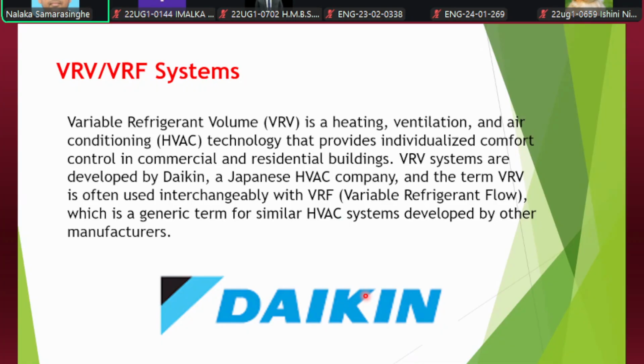So the higher the cooling load, the higher the flow of refrigerant will be. That will be looked after by the compressor inside the outdoor unit of these VRV systems. The RPM of that compressor can be changed using inverter technology, and as a result, we have a lot of benefits out of this. We will discuss that later.